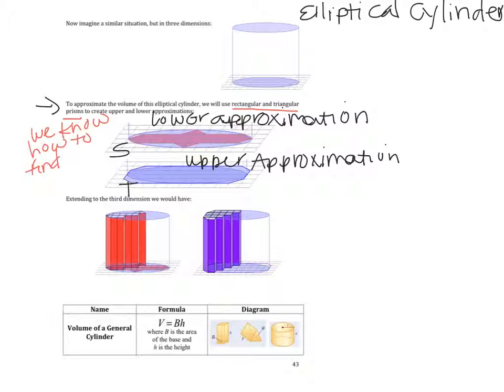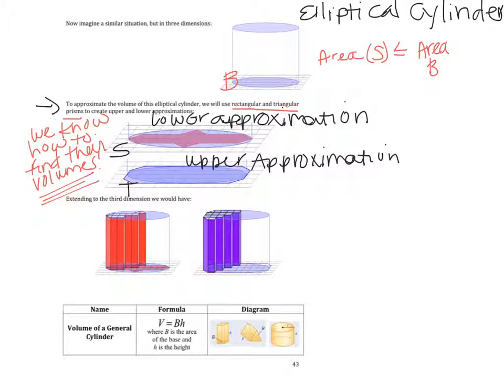So the area of the lower approximation, which I've labeled as S, is less than or equal to the actual area of the elliptical cylinder, which I will label as B, and that is less than or equal to the area of T, the upper approximation, which makes sense.